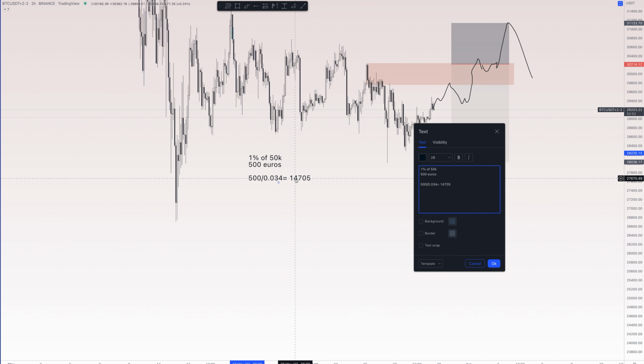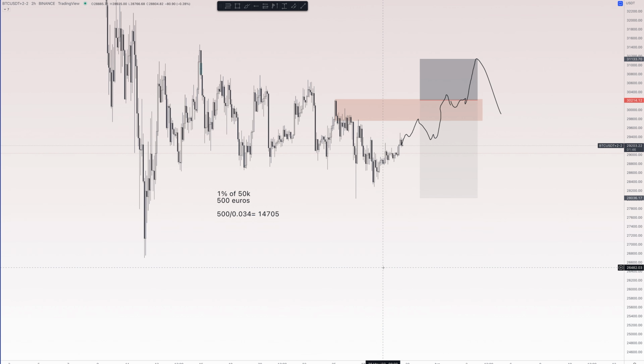14,705 euros. Okay. So as you can see, the risk stays the same, but the stop loss is bigger now. It's almost doubled, and the position size has almost gone down by 50%. So according to the stop loss, the position size is variable, but the risk stays the same for this situation. Of course, it depends on your trading style.